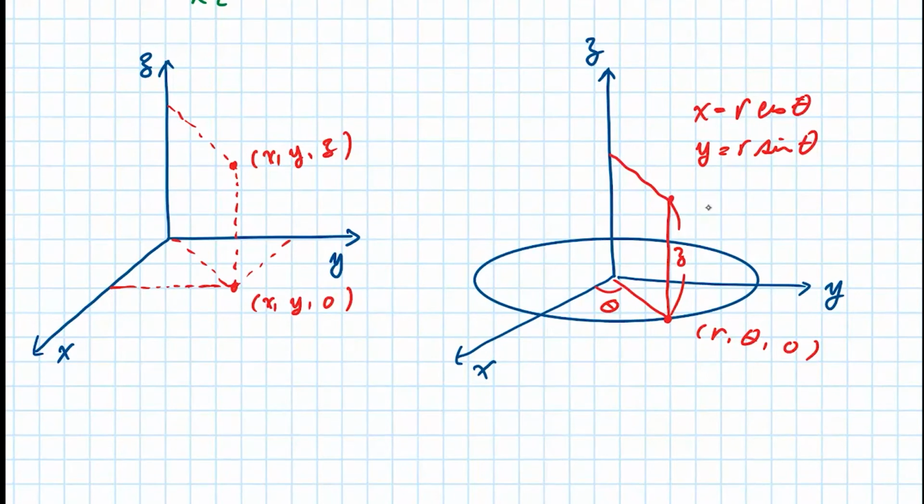So Z is equal to just C. So this point right there is X, oh, not X. I'm gonna put it in different colors so you can see that the coordinate right here is R, theta, Z. So this is pretty simple. It's just our regular polar coordinate on the XY plane. And then we just give an elevation, just C, literally. Good?